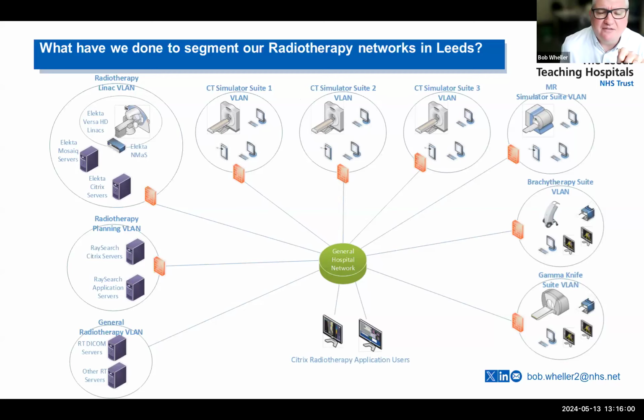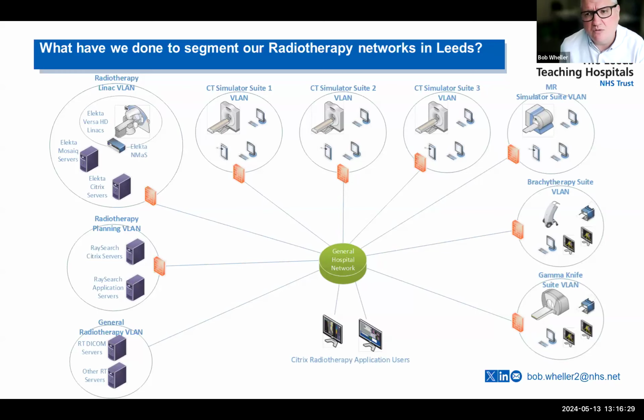But that comes as a manufacturer supplied product. So they've put everything in their own network segment, but we put all 12 of those into a radiotherapy treatment segment, along with the computer software that is used to manage radiotherapy. So in effect, we've got 12 segments inside a bigger radiotherapy segment.